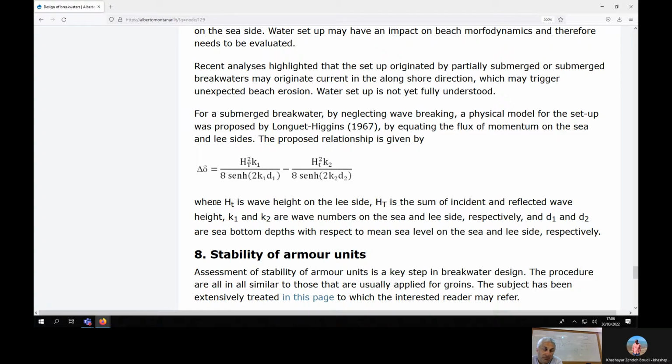If you look at how these structures are built, you understand that breakwaters are conceived to resist a forcing that is more important with respect to the forcing on groins. And groins, sometimes you see that they are permeable structures made by woody elements, and usually there is not this problem.